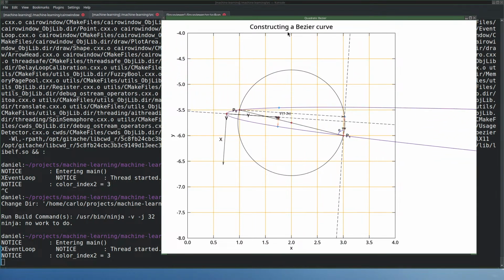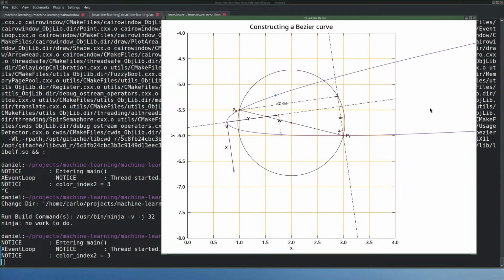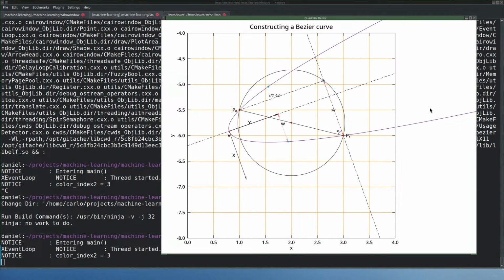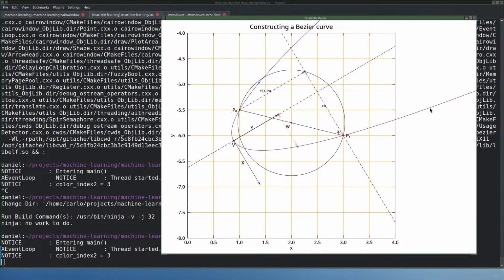So if I hit space at the right moment, there, no, I don't like it that these have the same length. Plus I need to have a theta in it.